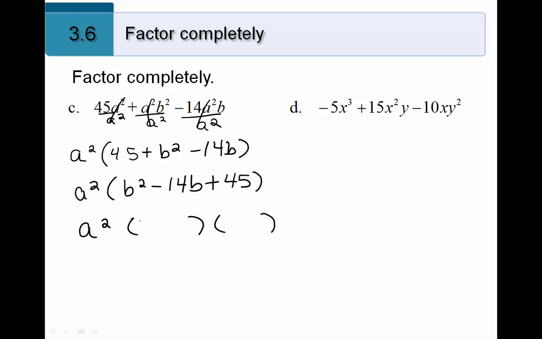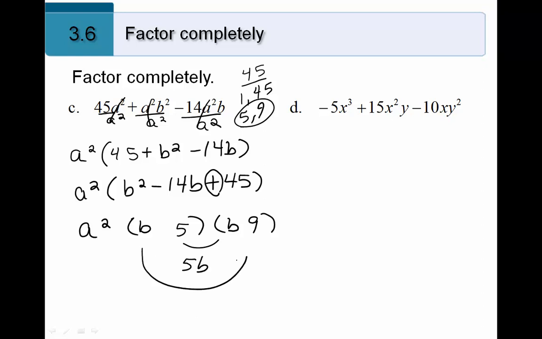Looking at my F, I see b times b is b squared. This is positive, so my signs will be the same. For my L, I need factors of 45. So 1 and 45, 5 and 9. I'm looking for the two that will add up to negative 14b, so 5 and 9. 5 times b is 5b, and b times 9 is 9b.